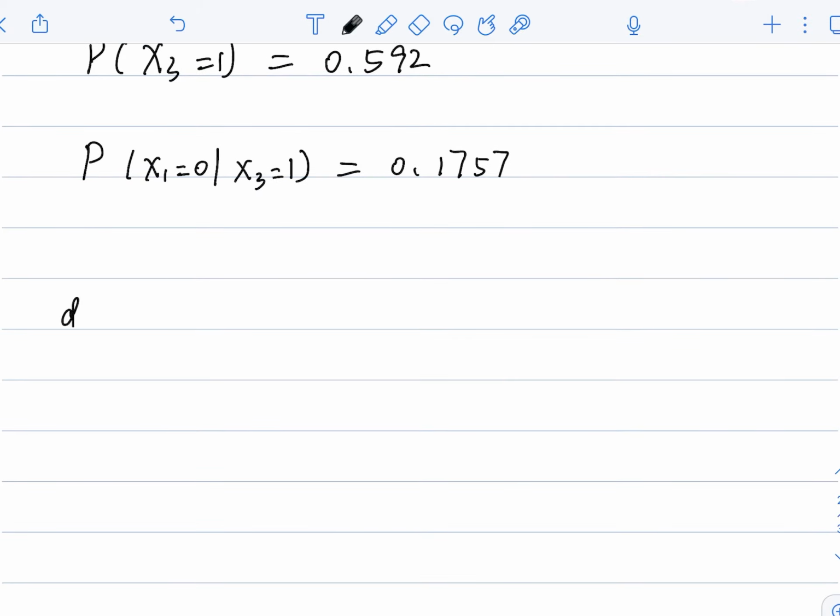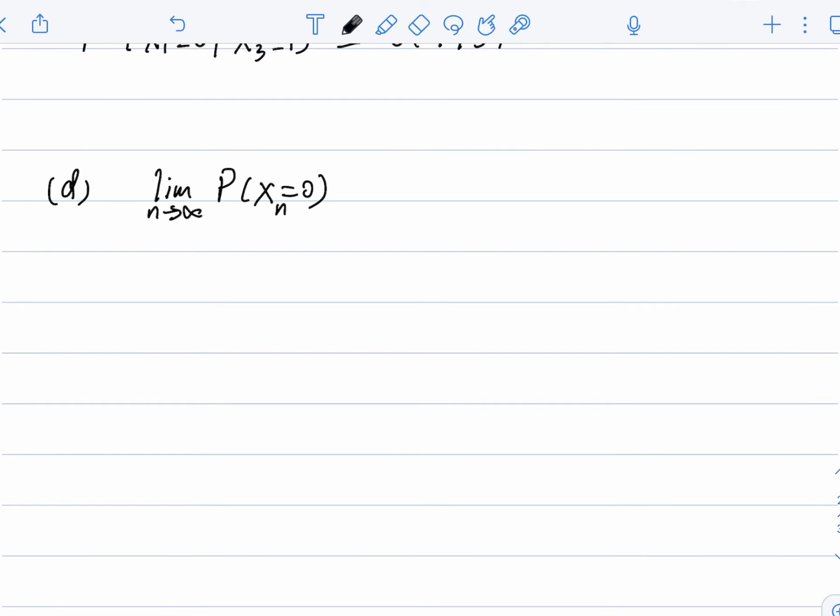Finally, let's turn to question D, which needs us to find the probability that x equals 0 when n is near infinity. There is an assumption or rule that the probability of x infinity is also equal to that of x infinity plus 1.